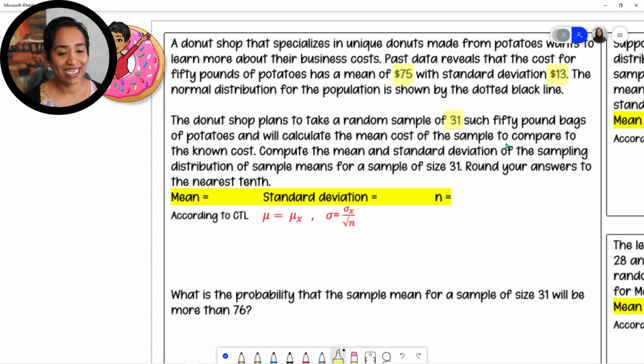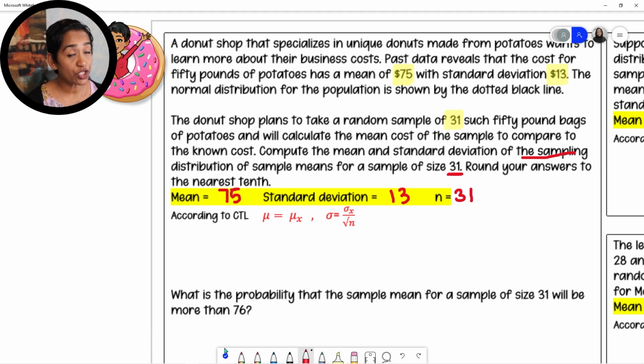Compute the mean and standard deviation of the sampling distribution of the sample means of sample size 31. Very good. So I know my sample size is 31. I know my standard deviation is 13. I know my mean is 75.